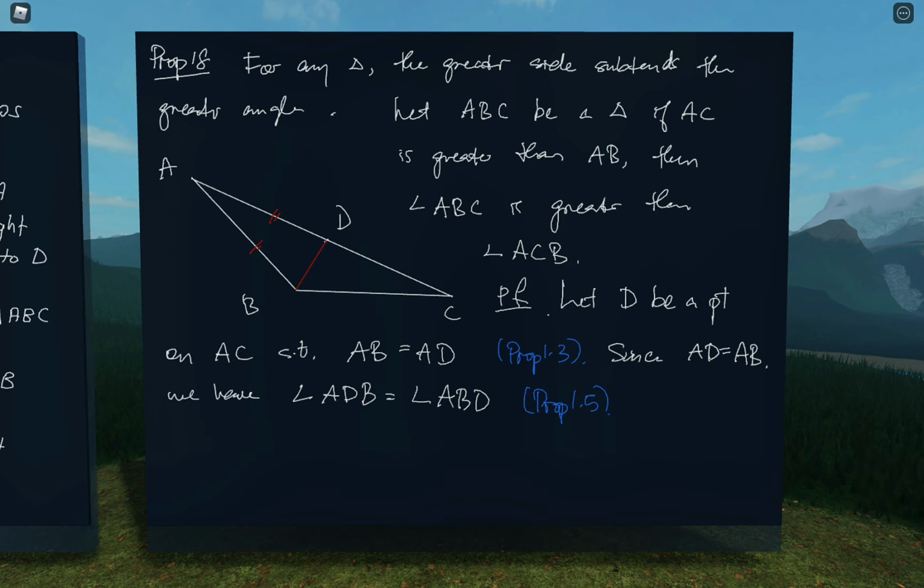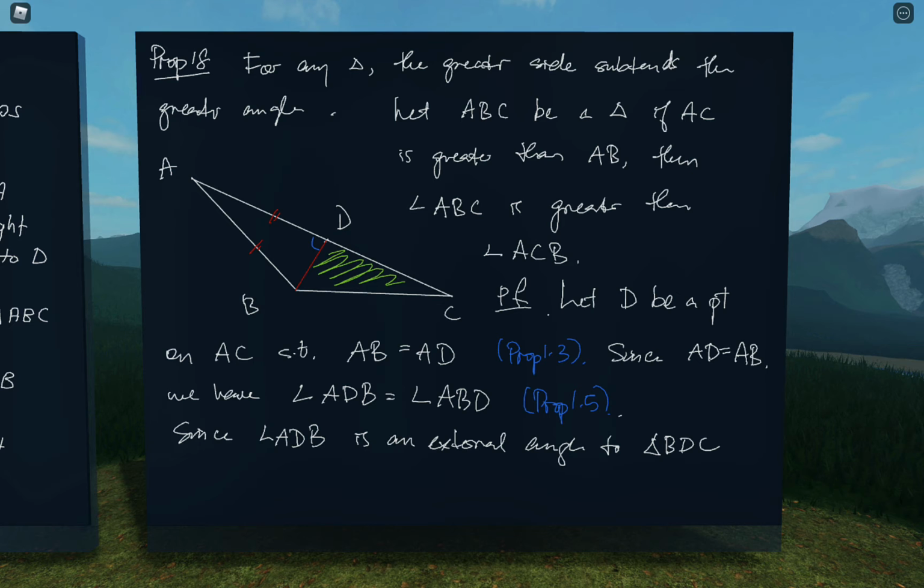Then we use the external angle business to get the conclusion. Since angle ADB is an external angle to triangle BDC, I'll just mark these on the diagram. ADB is this one, and the triangle we're talking about is this one.